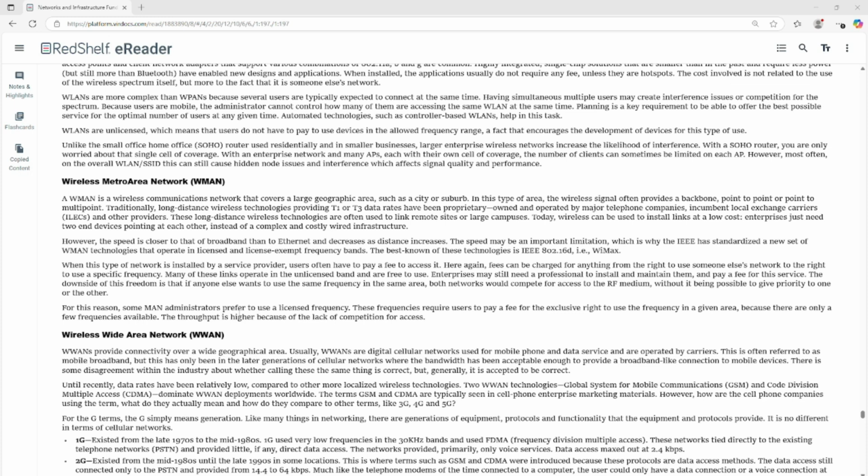When this type of network is installed by a service provider, users often have to pay a fee to access it. Fees can be charged for anything from the right to use someone else's network to the right to use a specific frequency.